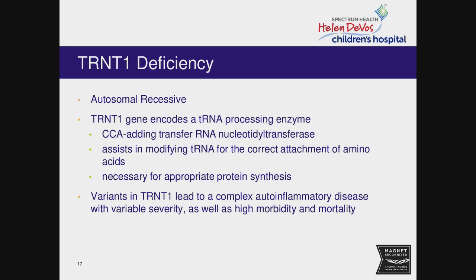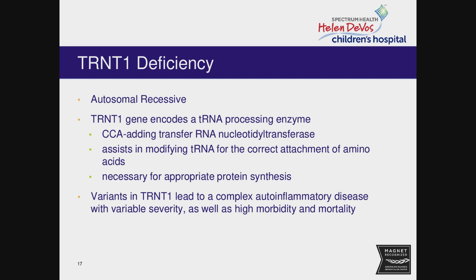So just a little bit more about TRNT1 deficiency. It's incredibly rare. I believe Dr. Hartog and I have heard of approximately 30 cases. It's autosomal recessive. The TRNT1 gene encodes for a tRNA processing enzyme, CCA adding transfer RNA nucleotidyltransferase, which is important to correctly attach amino acids for protein synthesis.